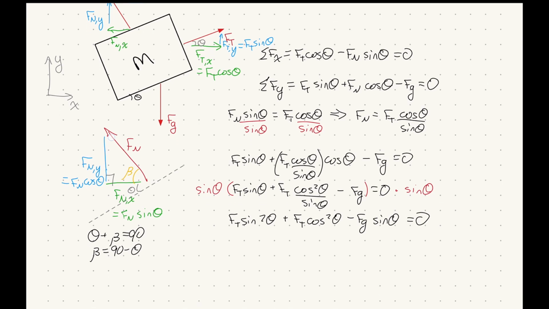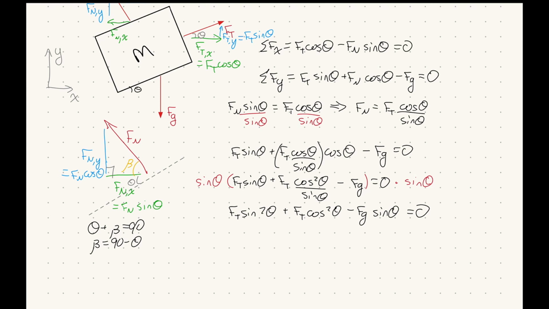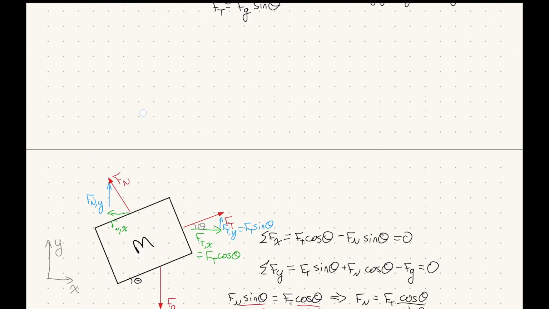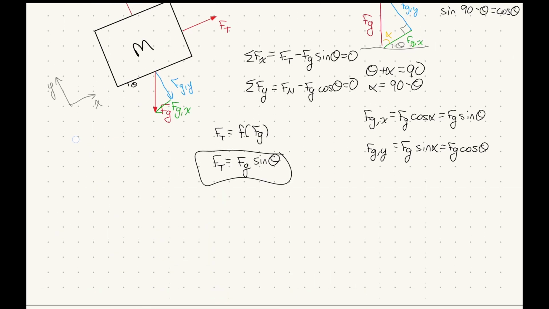We can rewrite it a little bit more. If we factor the tension force out of this, we'll get our tension force times sine squared of theta plus cosine squared of theta is equal to our gravitational force sine of theta. This identity here is actually just equal to 1. So finally we'll get our answer, which is our tension force is equal to our gravitational force sine of theta. And that's exactly what we got in the previous problem, which is a lot less math.